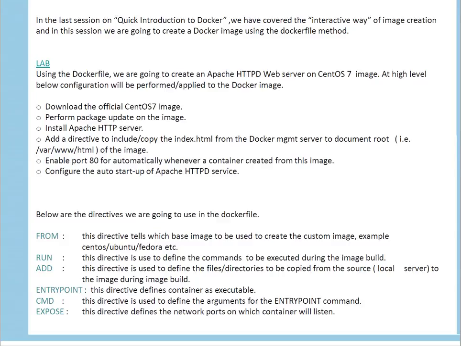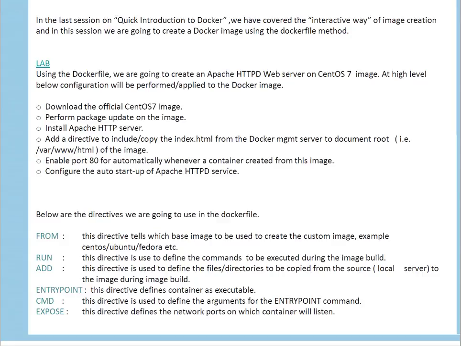In our lab today, we are going to create a Dockerfile, which in turn is going to create an Apache HTTPD web server running on CentOS 7 Docker image. At high level, we are going to do the below configuration. First, we are going to download official CentOS 7 image. Then we are going to update the packages using yum update.